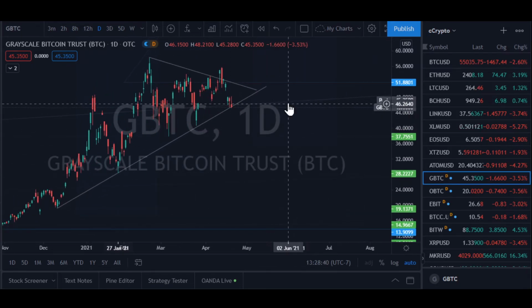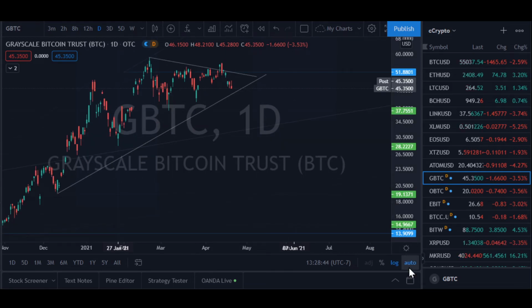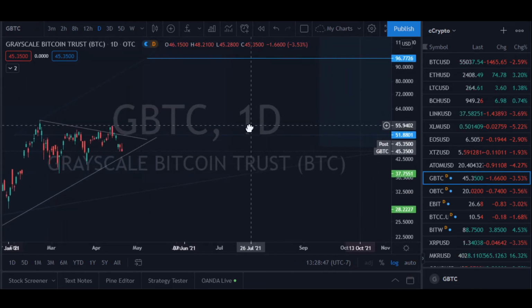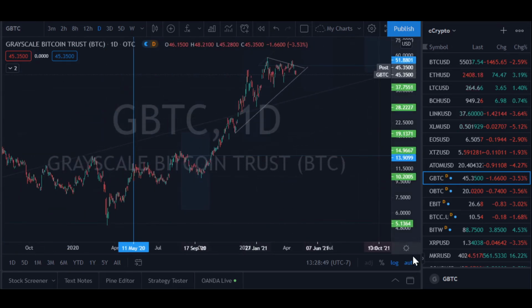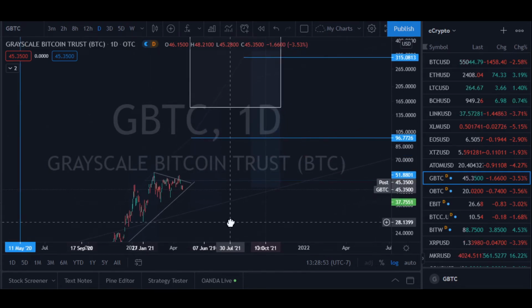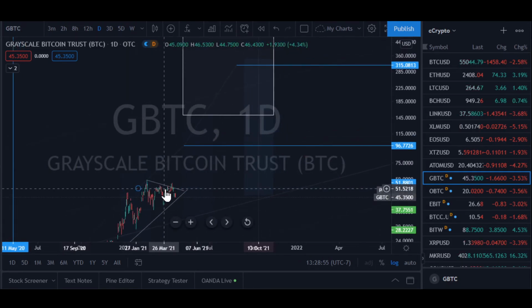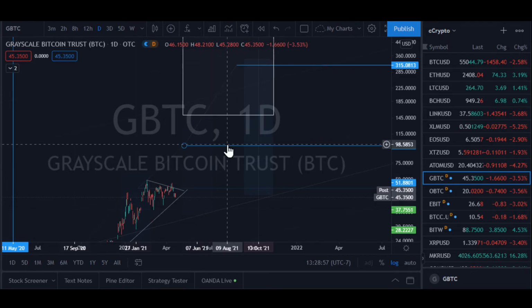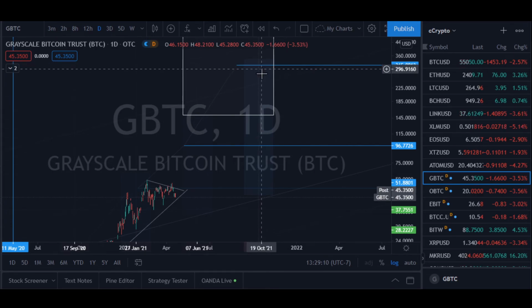So what does this mean going forward? I'll log scale this, and then I'll try to pull it back a little bit to see if I can show you. I have a couple of price targets. I've shown this in previous videos. I think after this prolonged consolidation, our next move up is going to take us close to 100, where we'll consolidate sideways for a while, and then we'll have our next move up, which I think is going to take GBTC somewhere around 312, 314.